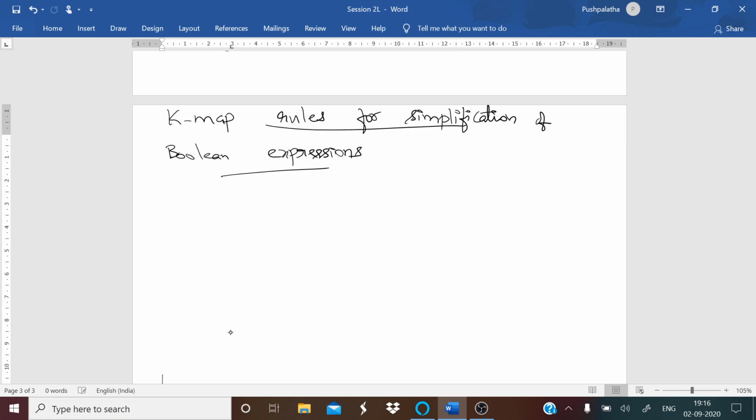Okay, now whatever K-map we are going to use, follow certain rules for the simplification by grouping together the adjacent cells containing ones.